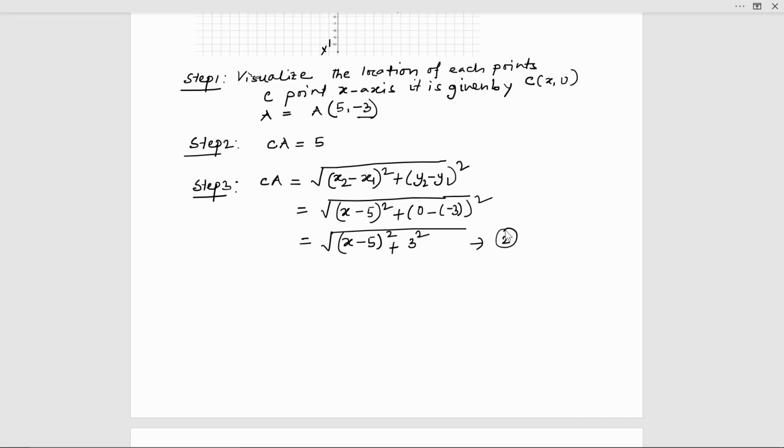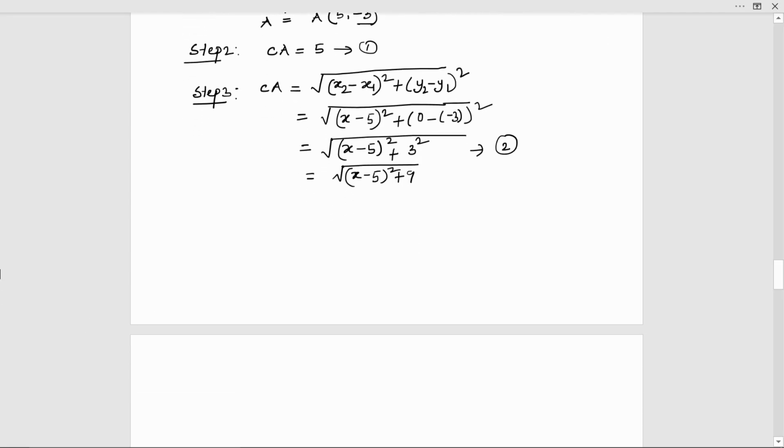Say for example, if I consider this as equation 1, therefore we have x minus 5 square plus 3 square is 9. Now in step 4, we have to make this equation 1 to be equal to equation 2. These two are equal.